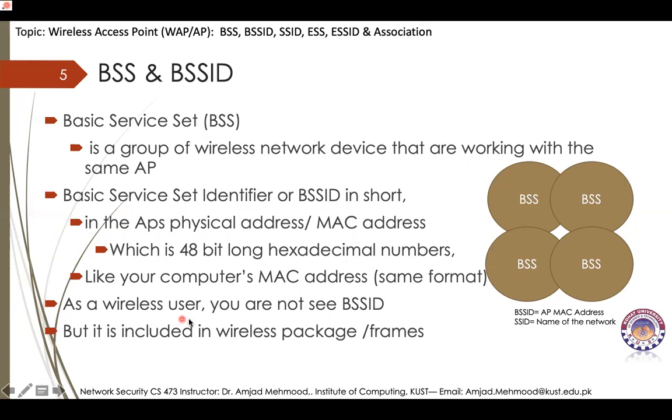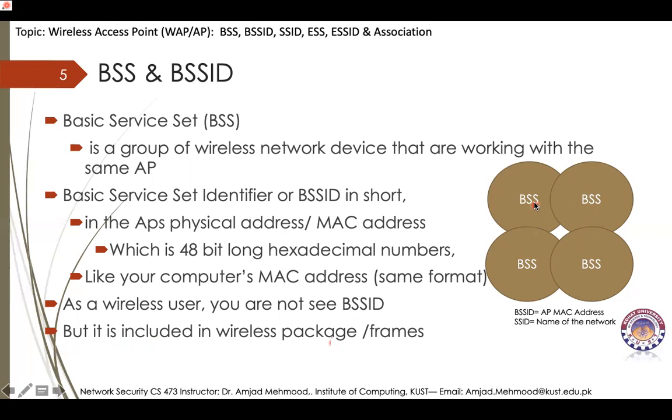As a wireless user, you do not see the BSSID, but it is included in wireless packets or frames. Here you can see that we have four different BSSs, and each has its own BSSID for identification.